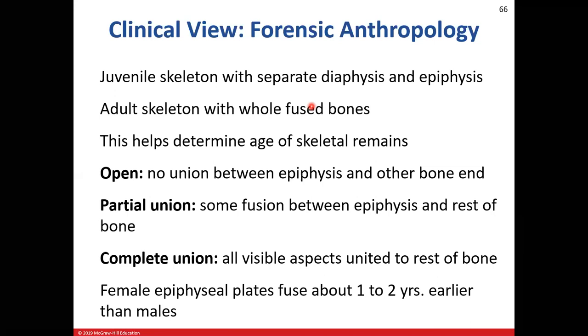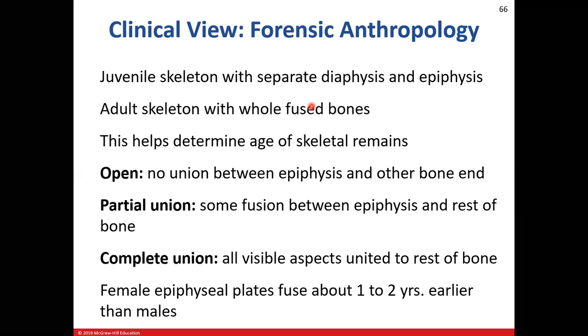It gives us the ability to really study these. So the juvenile skeleton will have separate diaphysis and epiphyseal regions, whereas the adult skeleton is going to have whole fused bones.